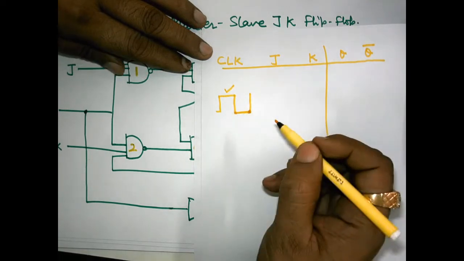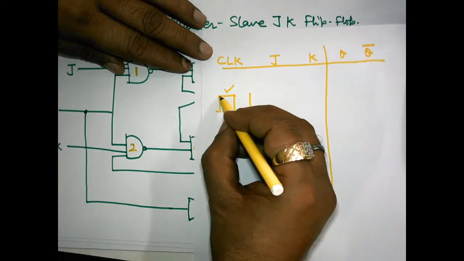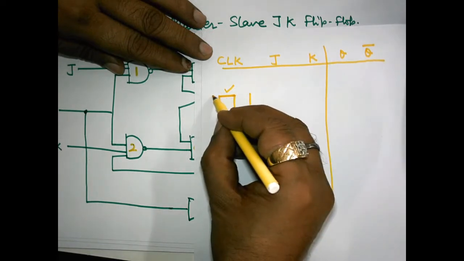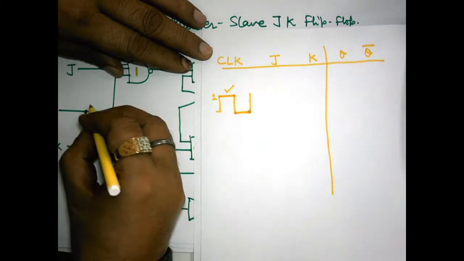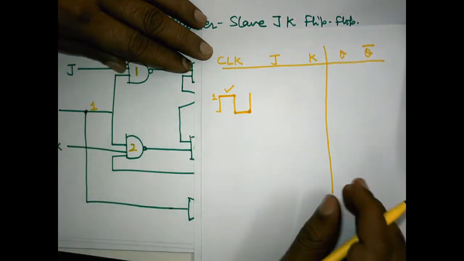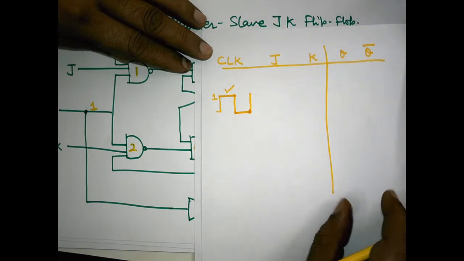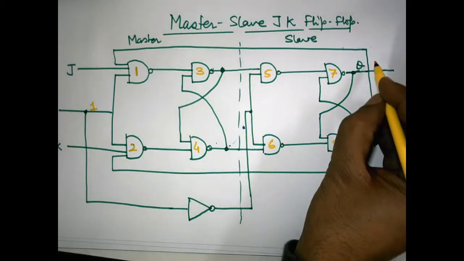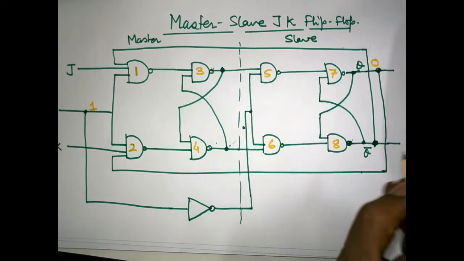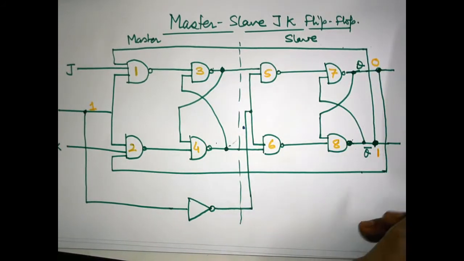Okay, so let us start with the situation that clock is level 1, means 1 is applied over here. And just I am picking the situation that Q is 0 and Q bar is 1.